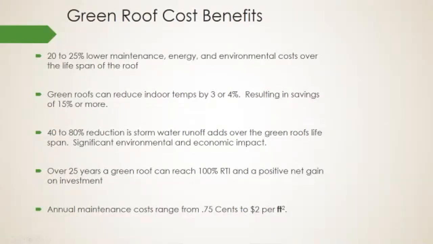Green roofs can also reduce indoor temperatures by 3 to 4% during the summer, and that results in savings of 15% or more. They also reduce stormwater runoff by anywhere from 40 to 80%, depending on how much the roof is covered over the lifespan of that roof.